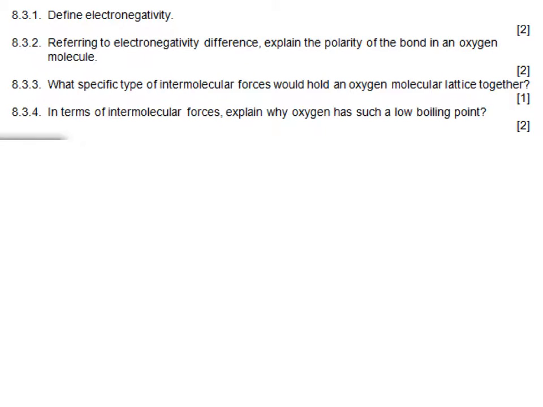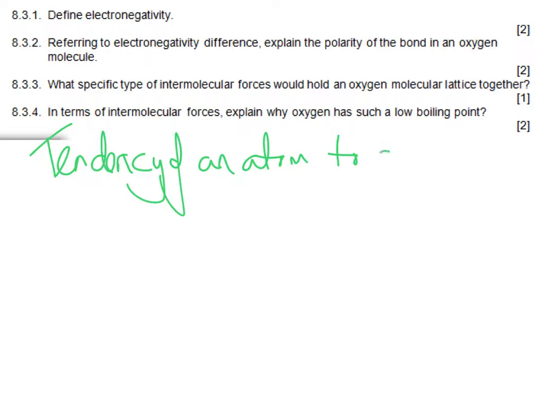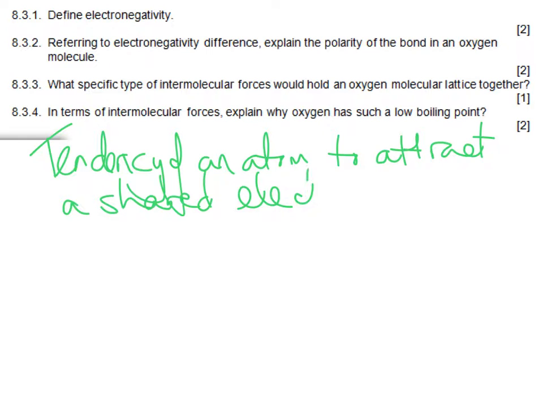And then define electronegativity. Oh my word, if we see that one more time, it is the tendency of an atom to attract a shared electron pair in a bond.